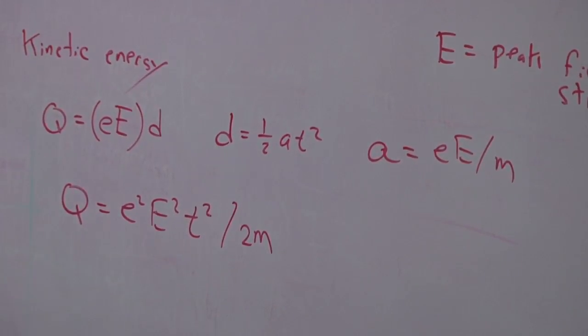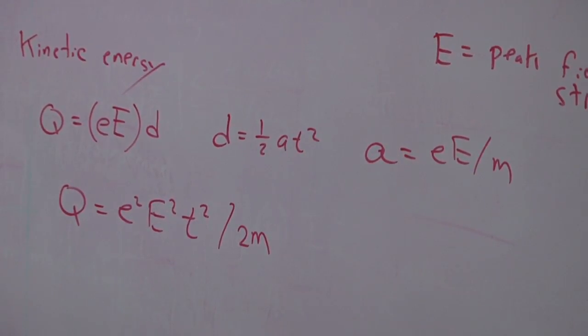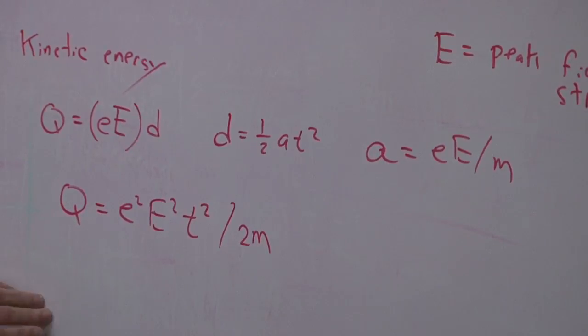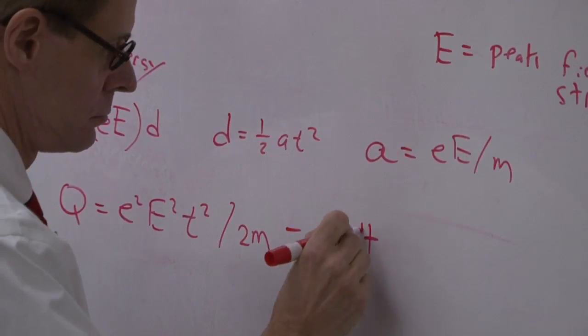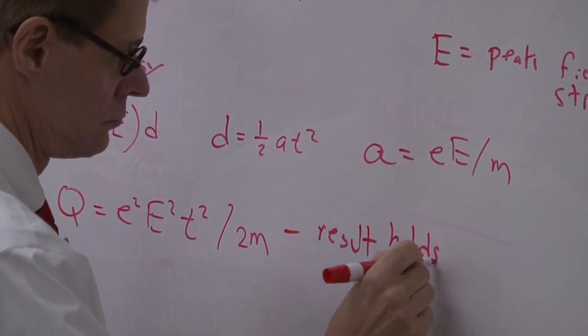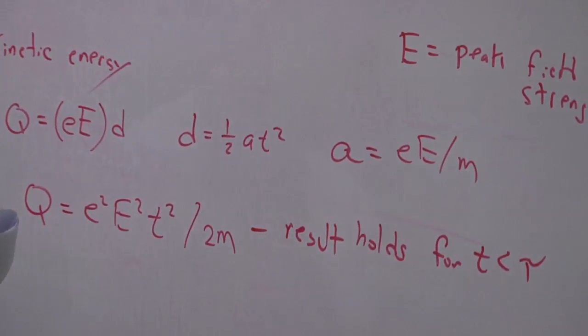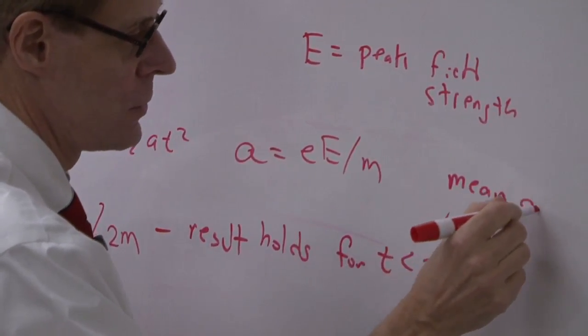I said rate equation. So if you want this to obey a rate equation, you really wanted this to scale linearly with time. So what's going on here? Well, this is not wrong, because it's based on some very, very simple physics. But this result holds for t less than tau, where tau is some measure of the mean collision time.